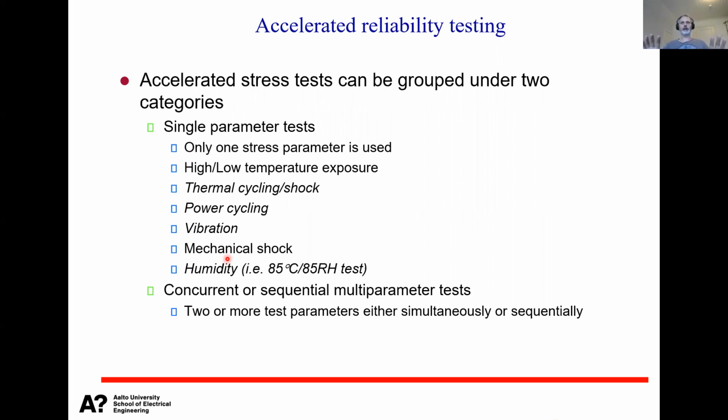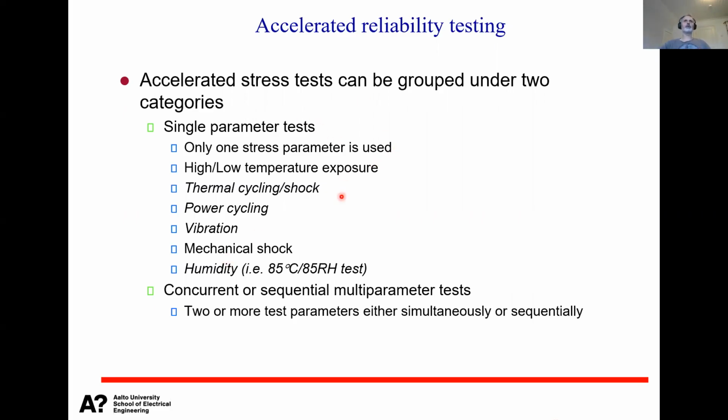The point here is to think more qualitatively about the difference between these. Both of these have advantages and disadvantages. If we start from the single parameter tests, the main advantage is that the stress condition is simple enough that we can have a better understanding of what really is happening in the product.